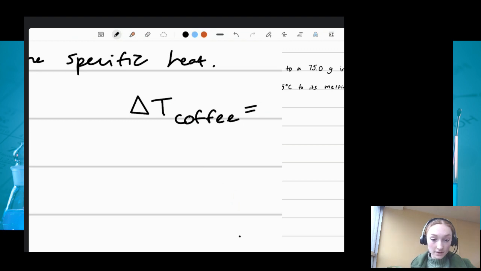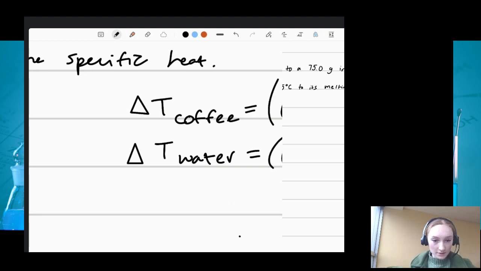So delta T of coffee, so they both want to end up at 60. So that'll be the final temperature. So I'll just write that down here. Delta T of water. So 60 minus 23 is what the water was at, and the coffee was at 95 degrees.